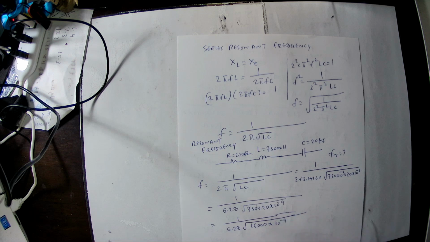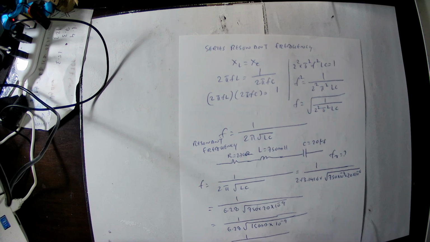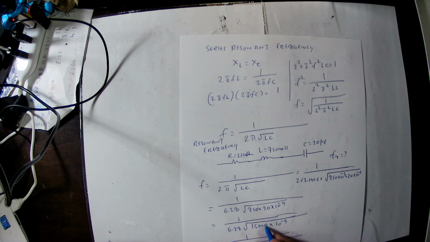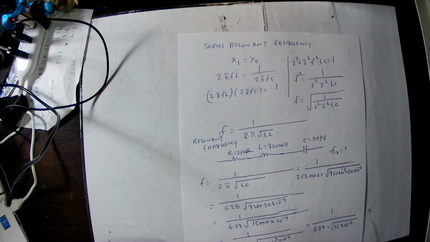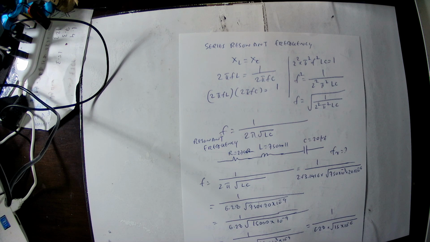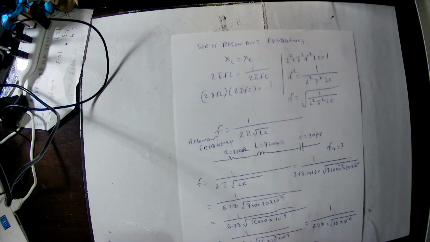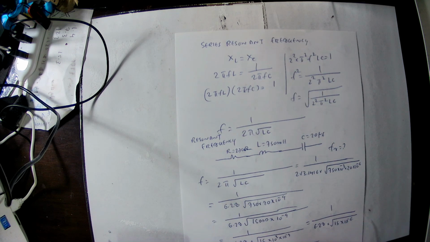So that will be 1 divided by 6.28 times the square root of 15 into 10 power minus 6. The square root of 15 is 3.87, and the square root of 10 power minus 6 is 10 power minus 3.